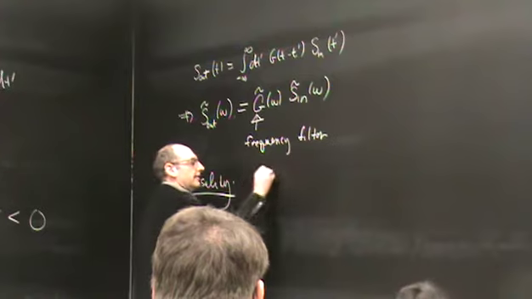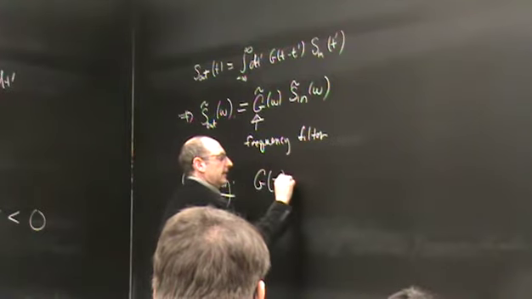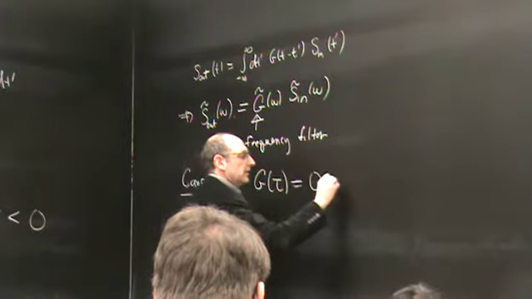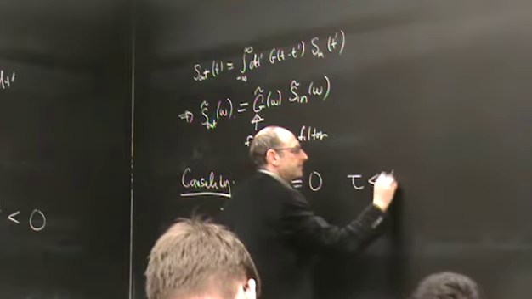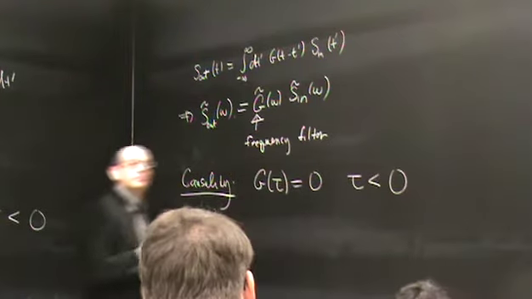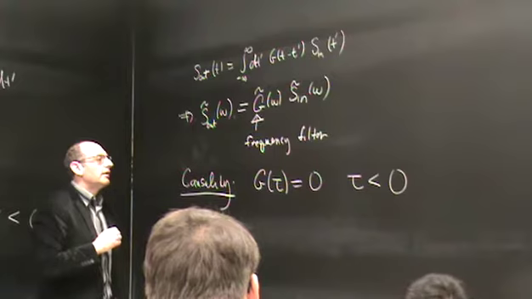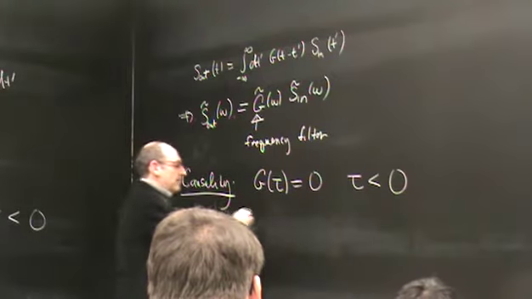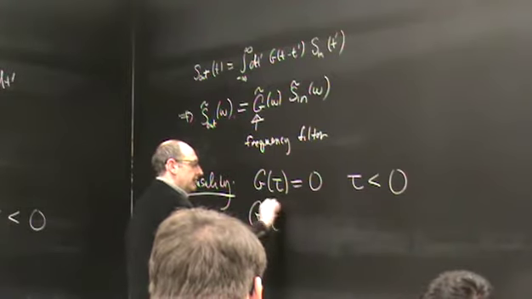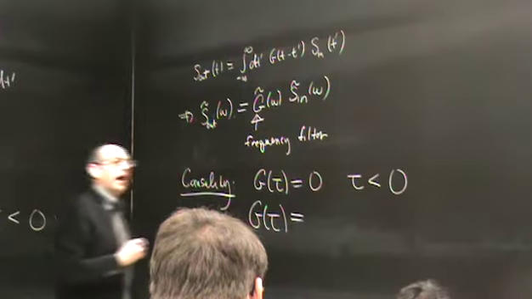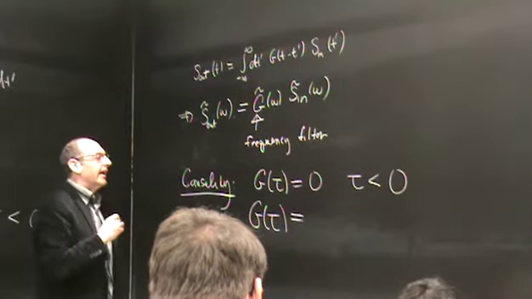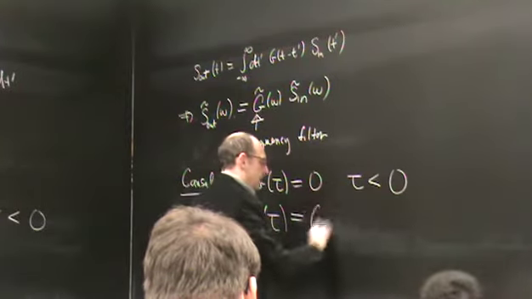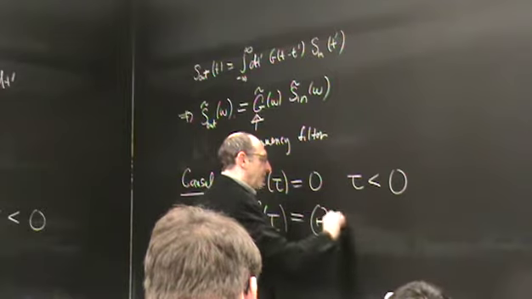Causality says that this thing is equal to 0 when this is negative. Well, what that means is that g of t itself is the same thing if I multiply g by a step function.